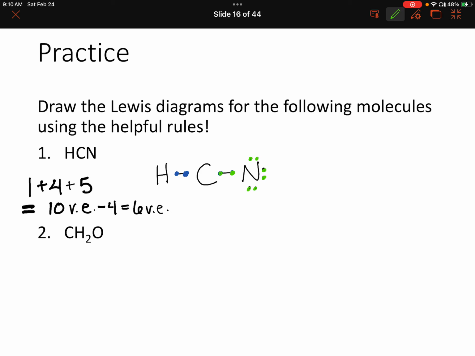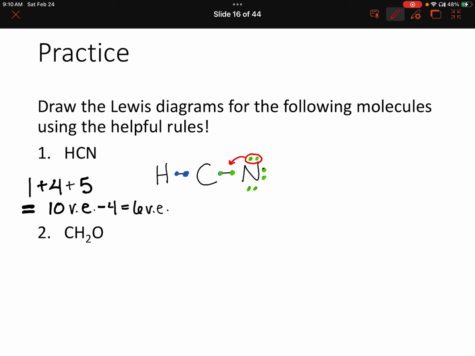So nitrogen is happy, but maybe we should move some of those electrons over and share them with carbon so that carbon's happy too. So carbon still needs 4 more electrons. So what I'm going to do is I'm going to move these 2 electrons over.